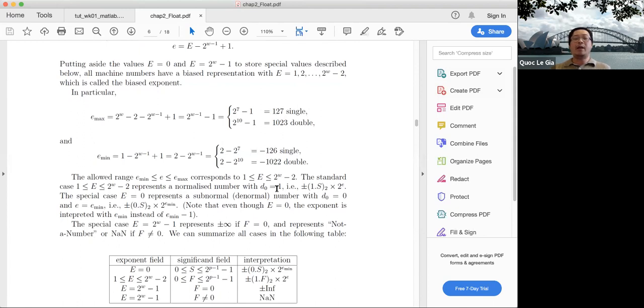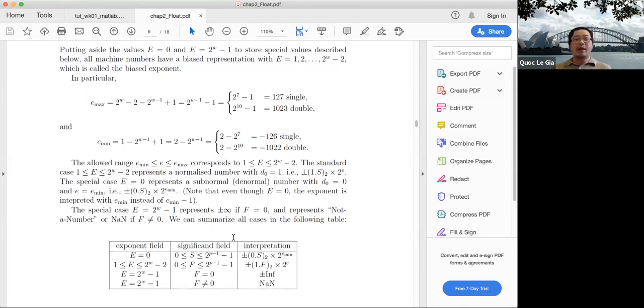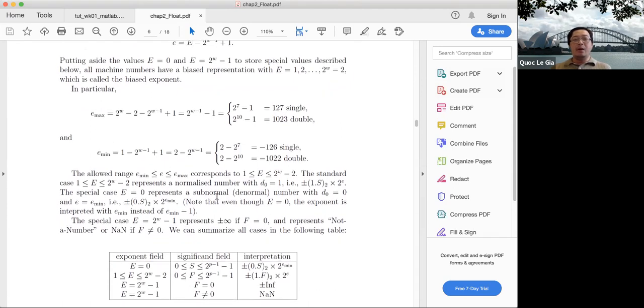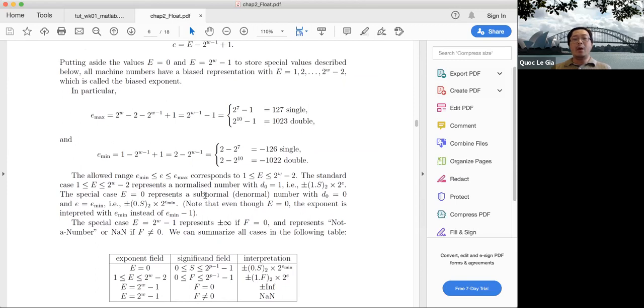You still have 2 values left, and those 2 values are for storing numbers that are not normalized, like subnormal numbers.